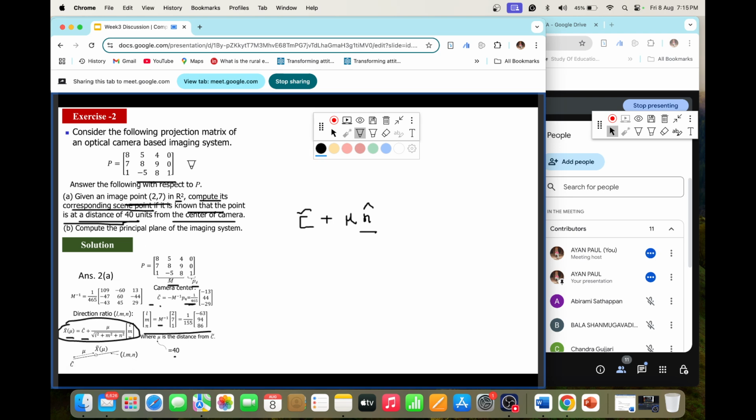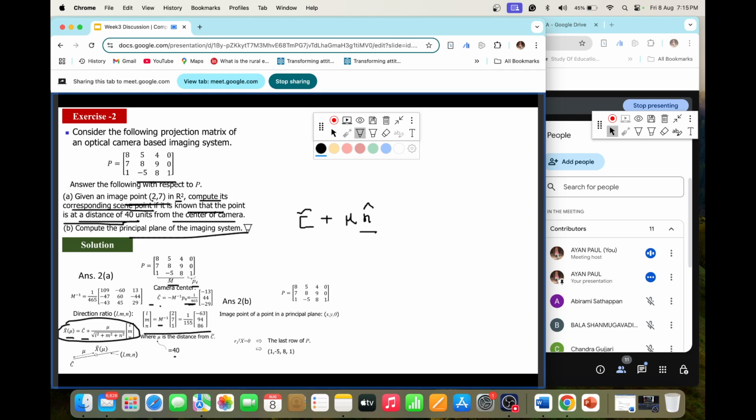Why is it invertible? Because you can see it is a 3 cross 4 matrix. An invertible matrix is always a square matrix. It is not a square matrix, so we cannot just do P inverse of this point. That we cannot do. So that is why we have to go by this parametric equation form.